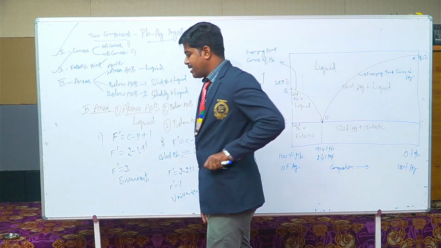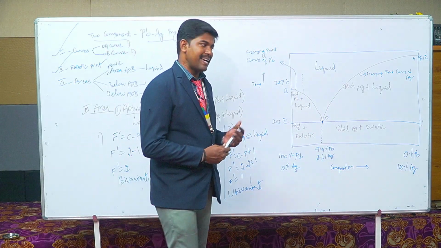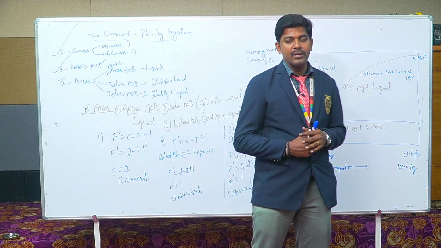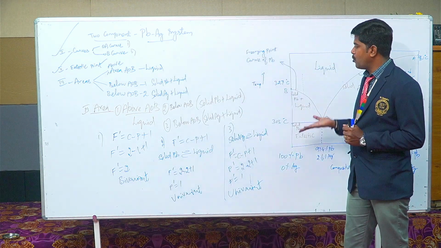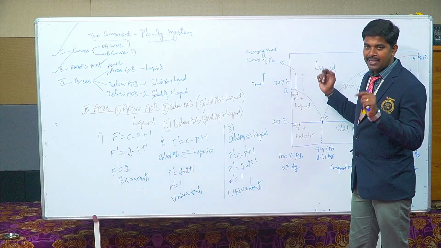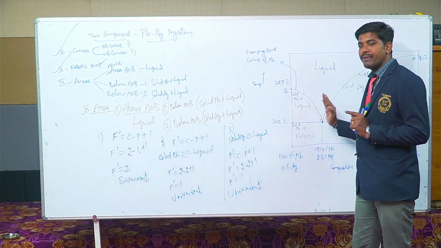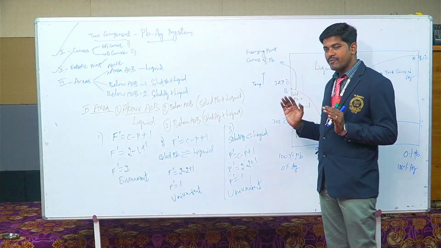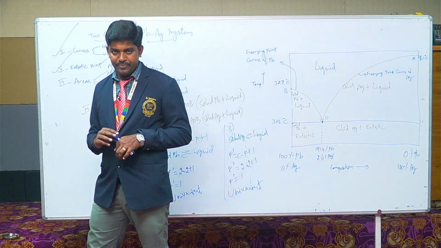At the eutectic point, we have determined the number of degrees of freedom. Then we moved on to the areas, separated into 2 different areas. The first area is above AOB, the second area is below AOB. Above AOB it has a single phase, a single area. Below AOB, we again separated it into 2 areas. For all these, we have determined the number of degrees of freedom.